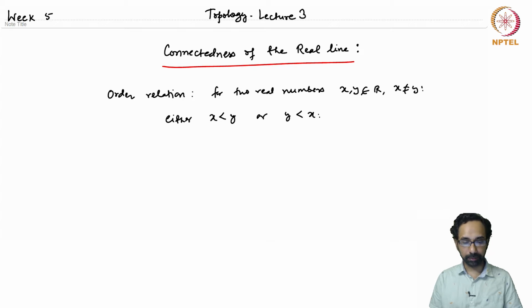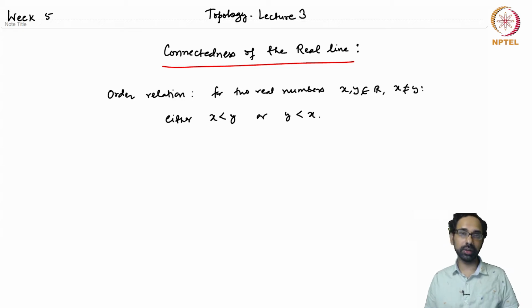Now this order relation on the real line has various different kinds of useful properties, but we will focus on just three, and this will allow us to generalize this kind of relation to arbitrary sets.